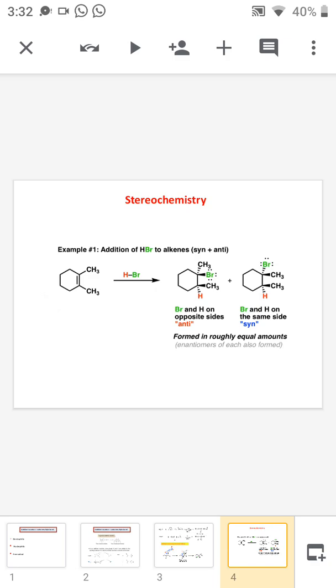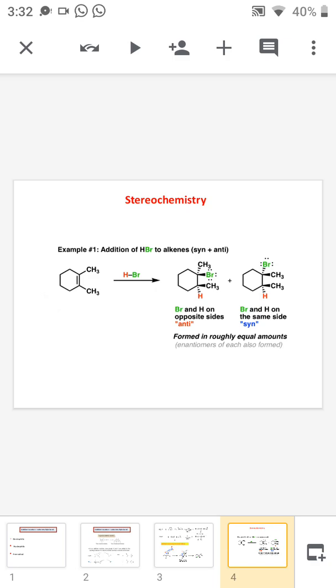Whereas in the syn addition, both the electrophile and nucleophile approach the alkene from the same direction. So these are the different types of addition. See in this example, it is a planar molecule and both the methyl groups are on the same plane. If the hydrogen and bromine are added in opposite directions, that means anti-addition. Here I have written anti-addition.